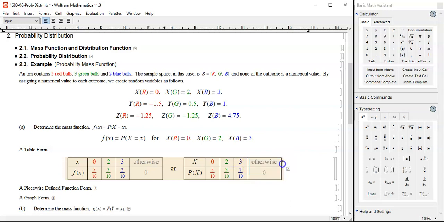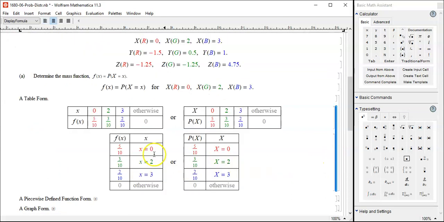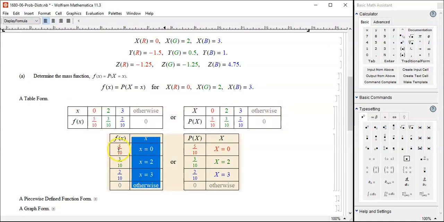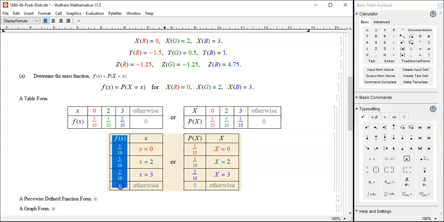Otherwise impossible. Another way to express the same thing, vertical table. Instead of possible x values and possible probabilities like this, possible x values here, possible probabilities like that. Or if you use the other way around, x comes to the left and then f of x comes to the right, it's going to be okay.